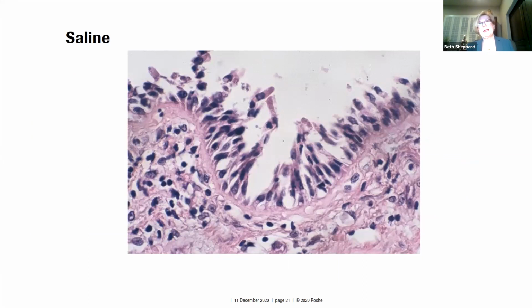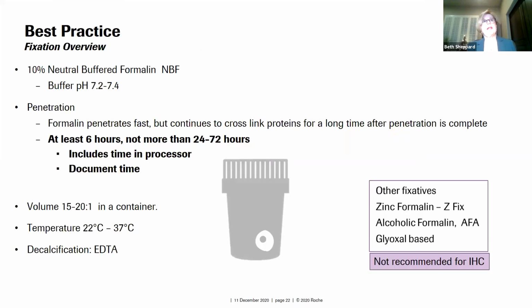However, saline actually destroys some of the nuclei, and you start seeing this kind of reaction with saline. Even though the sample is wet, you can still destroy the nuclear and RNA and DNA, even with just saline.